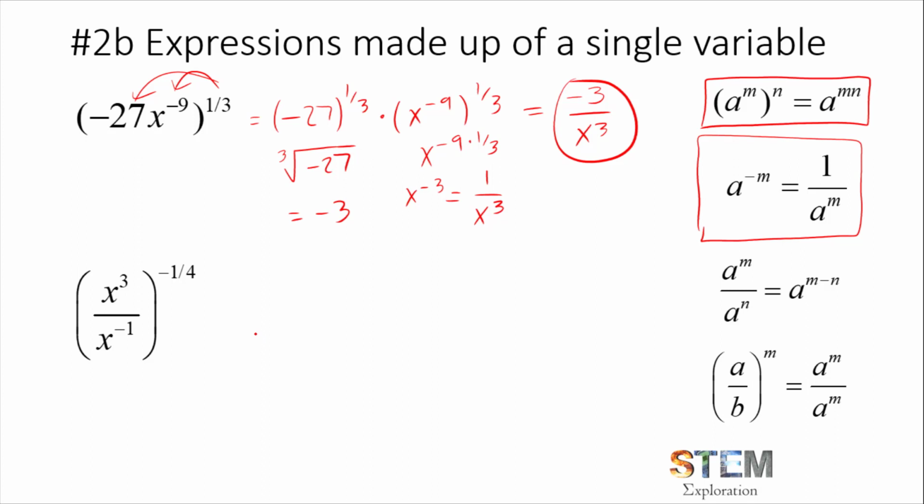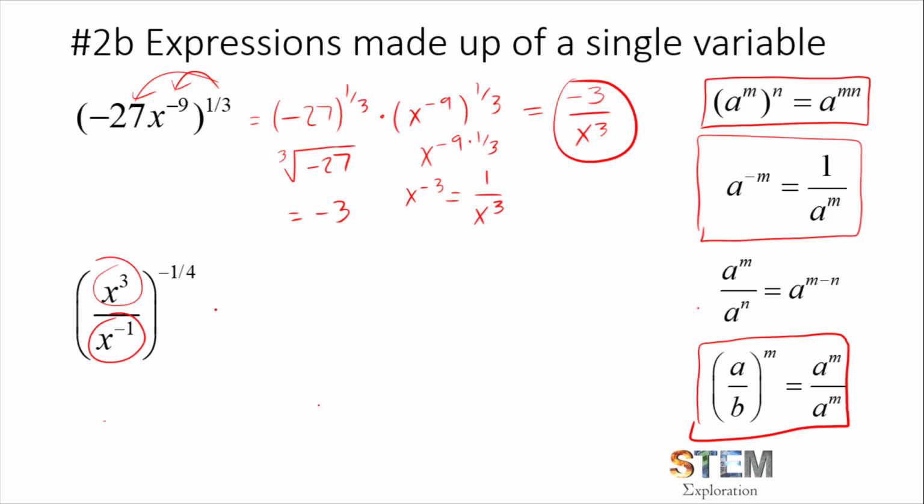With that said, let's look at another example here where we have x to the 3rd power over x to the negative 1st power. And one of the things that you could do is just take that negative 1/4 power and apply it to both the numerator and the denominator here. But I want to encourage you to do something first here.